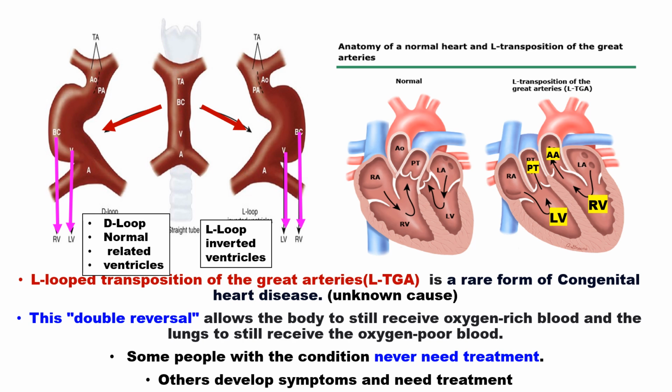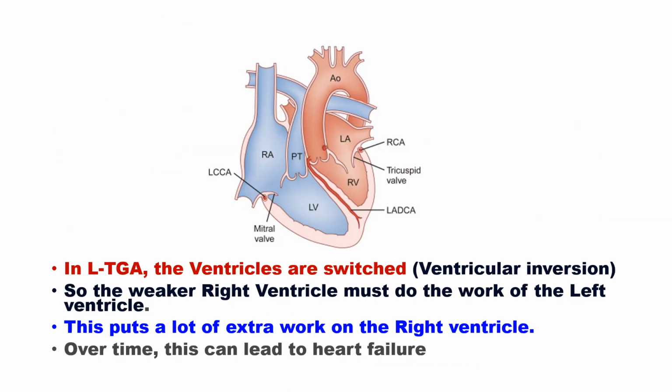This double reversal allows the body to receive oxygen-rich blood and the lungs still receive oxygen-poor blood. The right ventricle is connected to the aorta and the left ventricle is connected to the pulmonary trunk. Some people with this condition never need treatment. Others develop symptoms and need treatment.